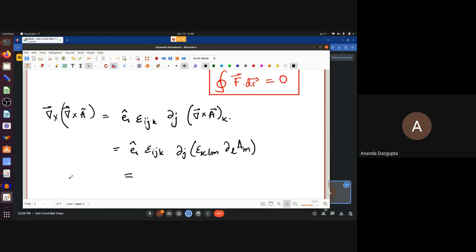And I will urge you to check that this actually becomes gradient of A square by 2 minus A dot grad times A. This is pretty straightforward.